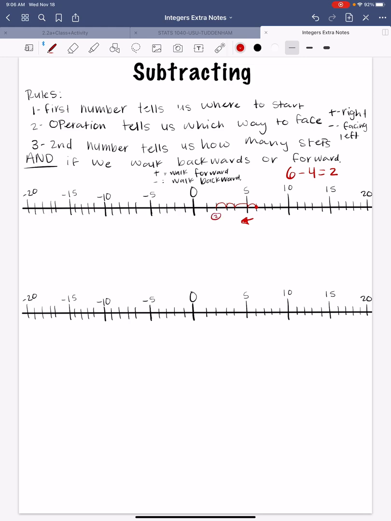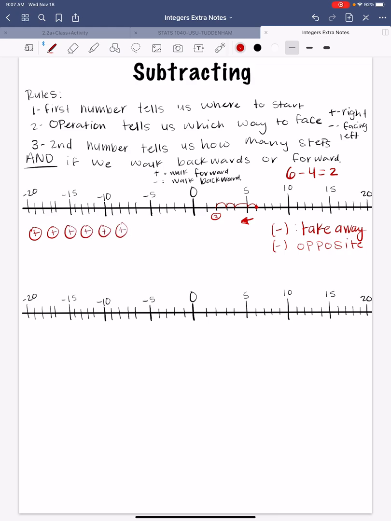If we do this with a chip and tile model, we really have to think of this subtraction sign as take away or opposite. And whichever one of those works for you, you can use. So for the chip and tile model, we're going to start with 6 positive chips.